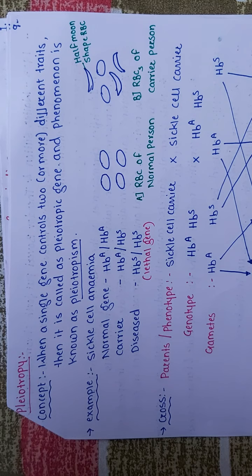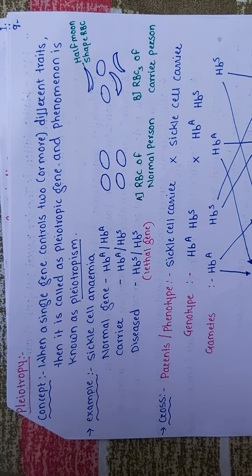What is pleiotropy? The concept is, when a single gene controls two or more different traits, it is called a pleiotropic gene, and the phenomenon is known as pleiotropism.